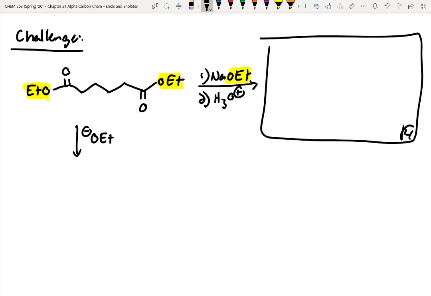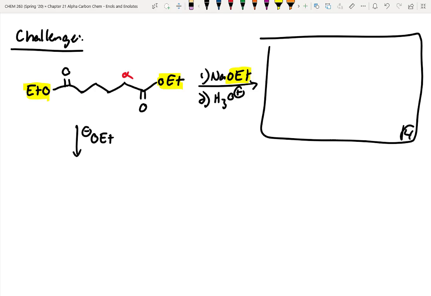And if we think about where the alpha positions are that have protons, we actually have 2 alpha positions right here and right here. Both of those have protons. Does it matter which one we go after? Not really, because it's a symmetric molecule. Regardless of which side you go after, you're going to get the exact same product.